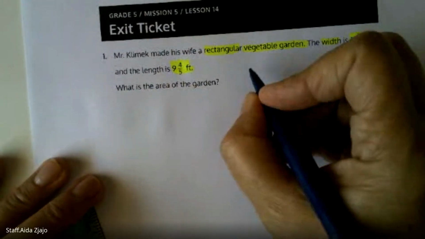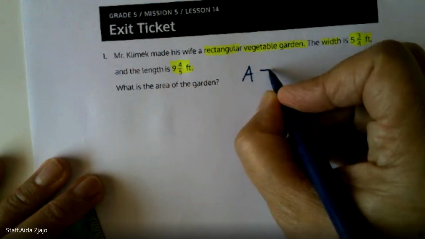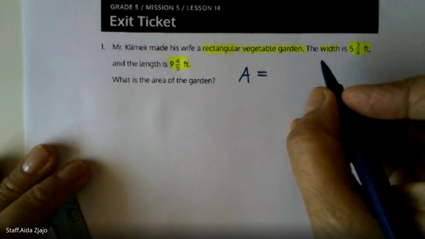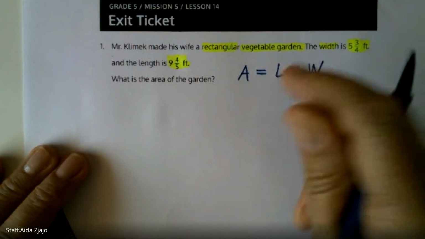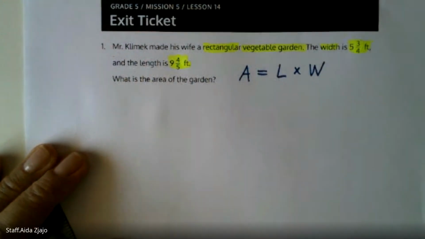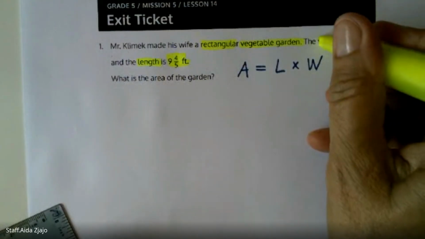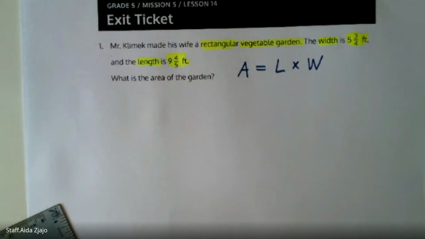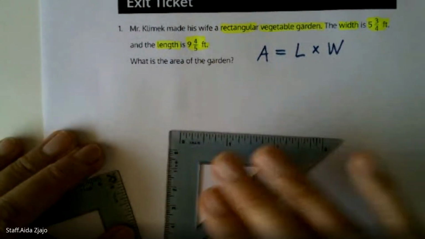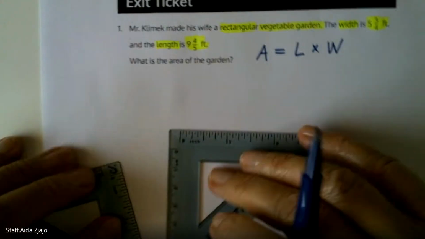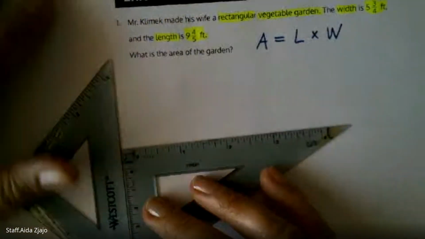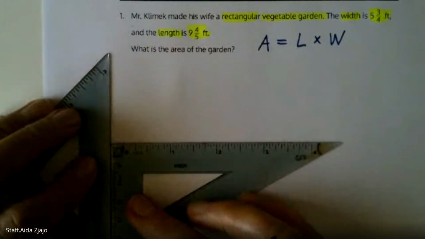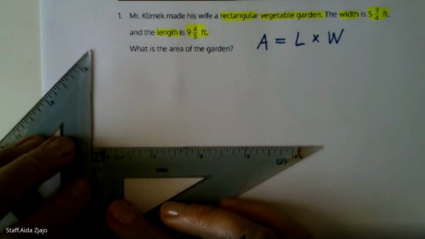When we talk about area, the formula is long side times short side, or length times width. I'm going to use my rulers to create this.